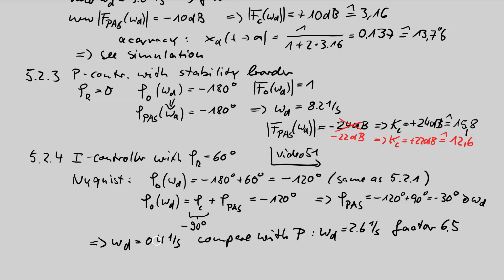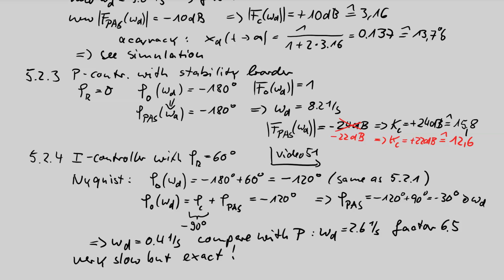And here the price I have to pay for this high accuracy of the I controller is a very big speed decrease. We are very, very slow. 6.5 times slower than a P controller. But we have exact accuracy. Very slow, but exact.